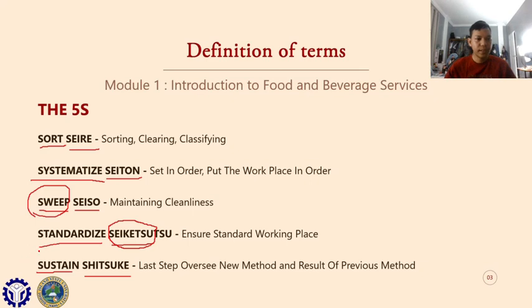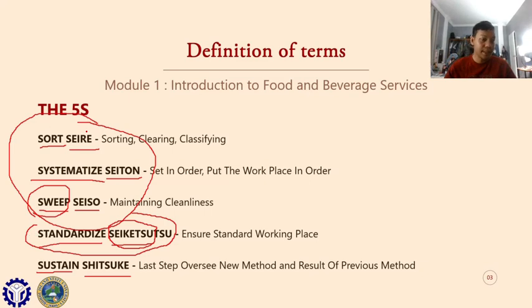Next is standardize. When we say standardize, we need to ensure that the standard working place is being applied. Okay, for example, these three are the basic ones, the 3S. So when we say standardize, it means that these three must be applied daily and it must be maintained, or it must be managed well.